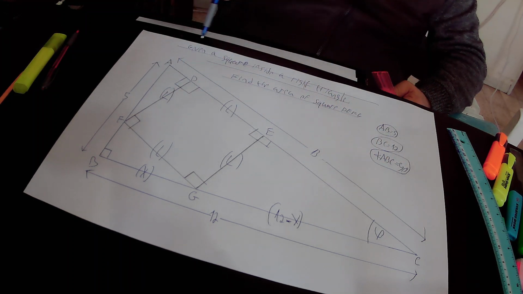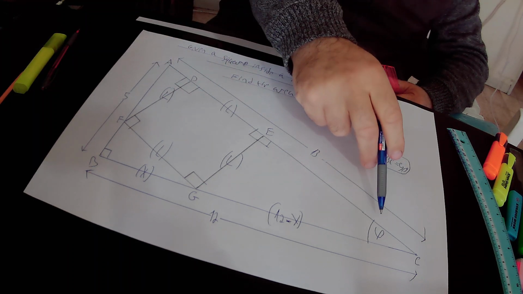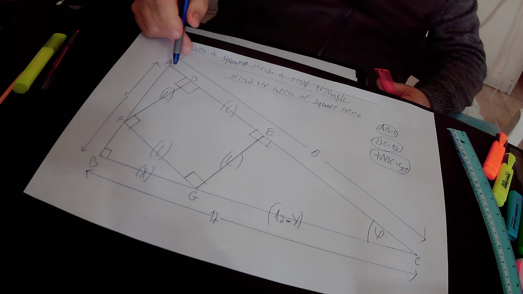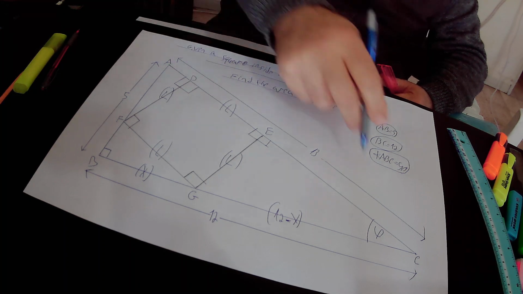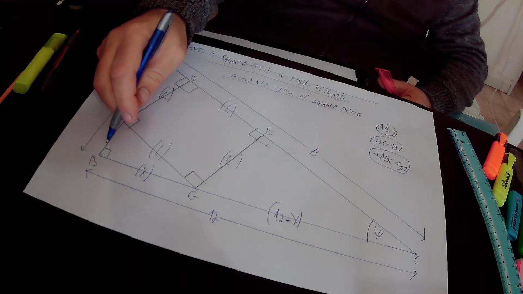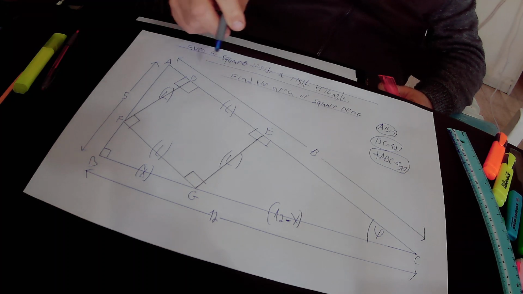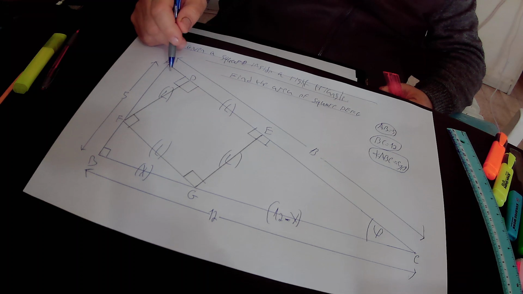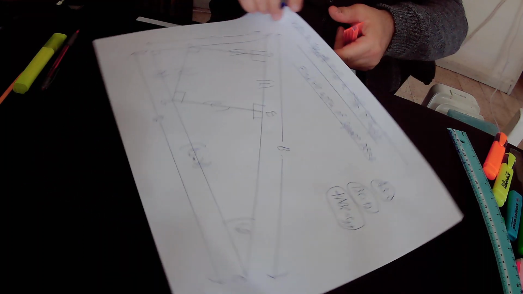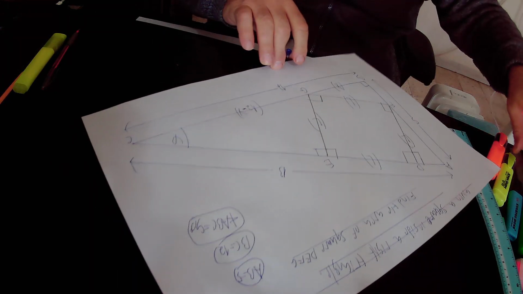In the big right triangle ABC, this angle equals alpha, this angle equals 90 degrees, therefore the missing angle must be equal to 90 degrees minus alpha. Why? Because 90 degrees minus alpha plus alpha is 90 degrees, and 90 degrees plus 90 degrees equals 180 degrees. That is the sum of the angles in any triangle. So the missing angle equals 90 degrees minus alpha. We will define 90 degrees minus alpha as beta.